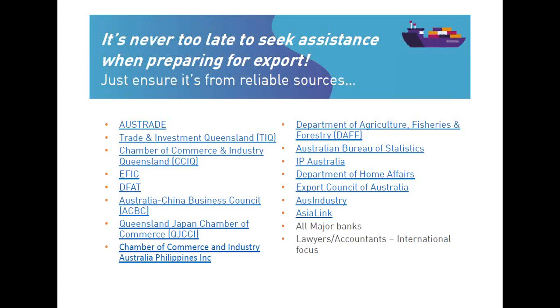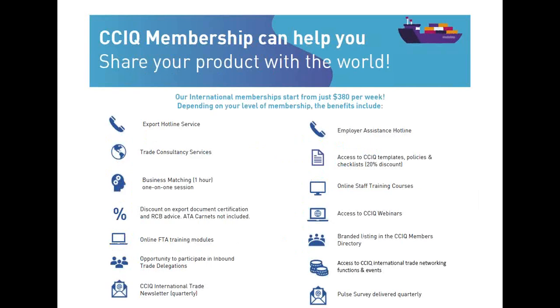When it comes to country-specific education and business matching opportunities in China, Japan, or the Philippines, our colleagues from the Australian-China Business Council, Queensland-Japan Chamber of Commerce and Industry, and the Chamber of Commerce and Industry Australia-Philippines can be of great assistance to you. For more information, please check their website, and we also provided you additional websites for companies which you may consider dealing with.